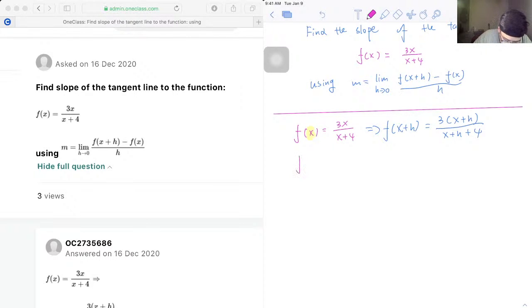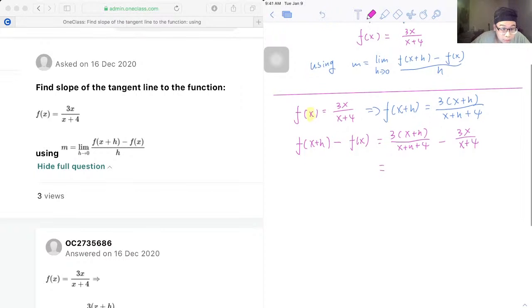Now if we use f(x plus h) minus f(x), that will give us 3 times (x plus h) over (x plus h plus 4) minus 3x over (x plus 4).